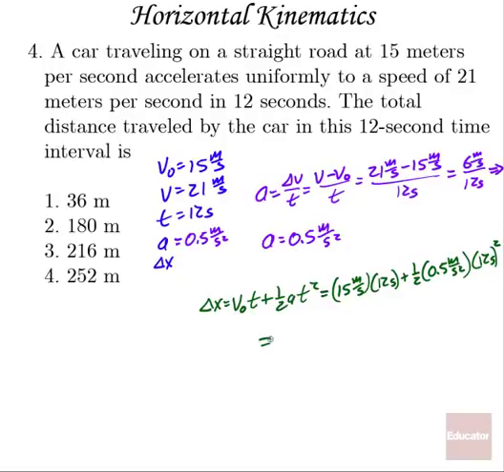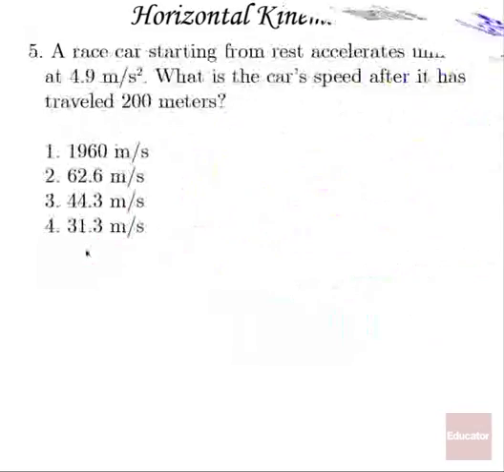I'll put all that into my calculator. We have 15 times 12, 180, plus 1/2 times 1/2 times 12 squared, which is 144, for a total of 216 meters. Answer 3. All right, let's try one more.